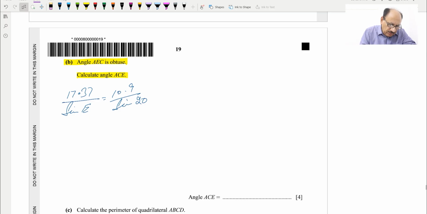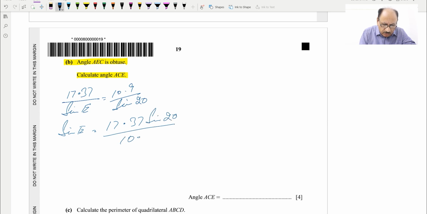Now sine of E is equal to 17.37 into sine of 20 over 10.9.